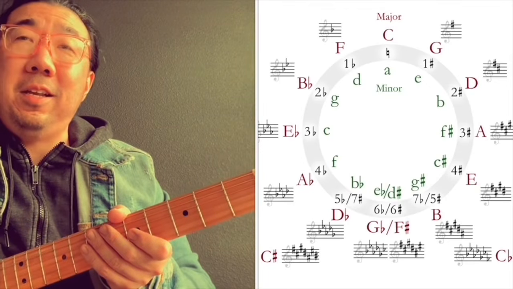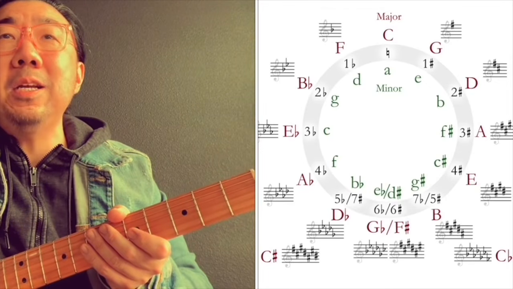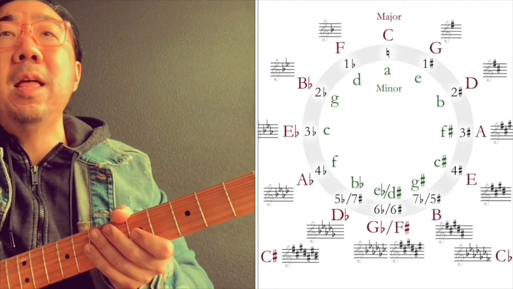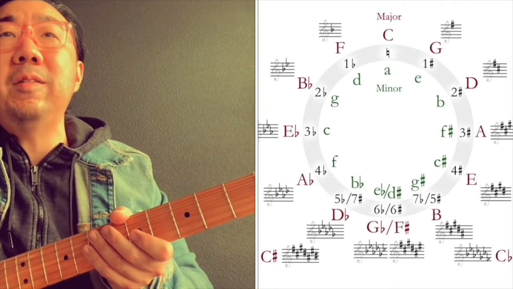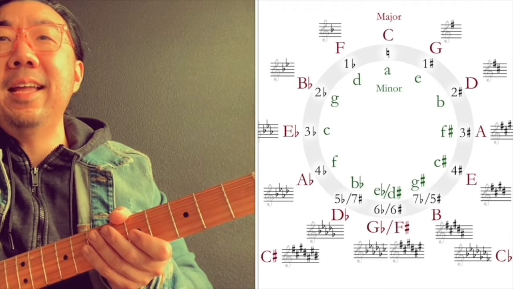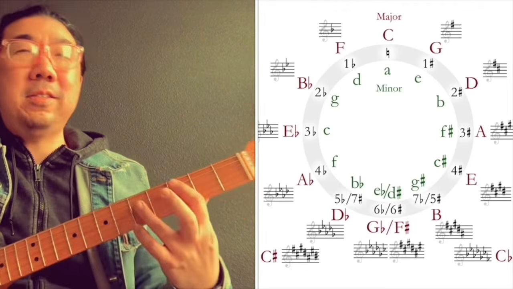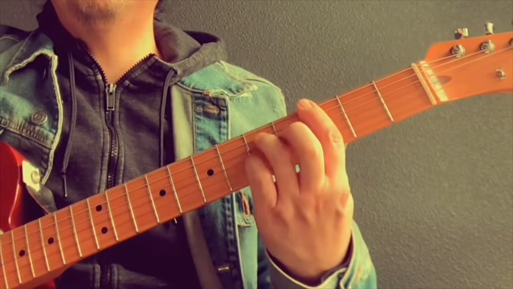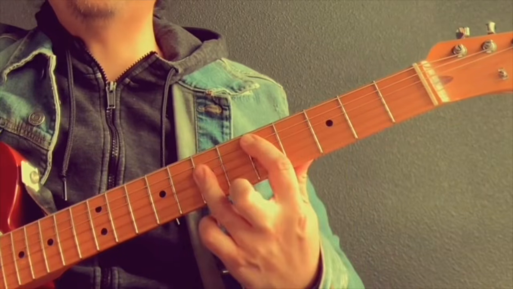The progression, the chord progression, the sequence, this is not a common progression, but it follows this root movement of C, G, D, A, and E. C, G, D. These are all major chords.